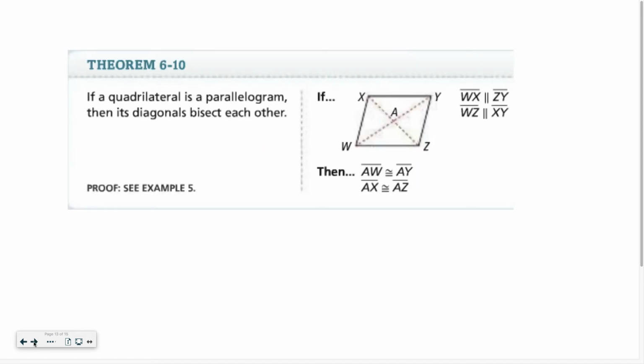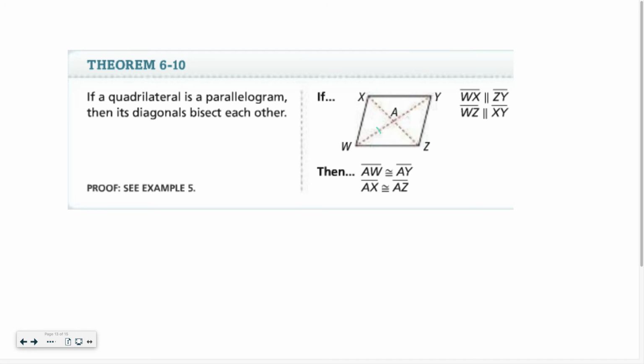And Theorem 6.10. This is the last bit of new information for this section. If we have a parallelogram, the last thing you need to know about them is that if we have two diagonals going through the parallelogram, they cut each other in half.